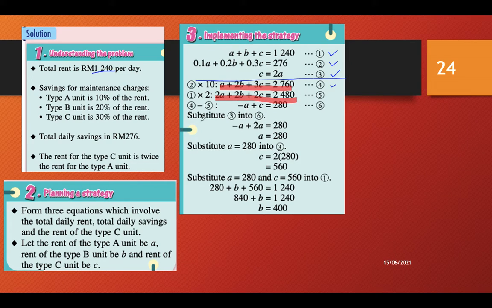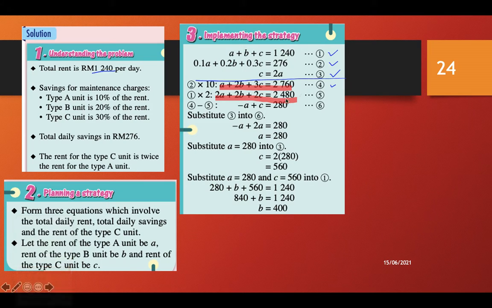So, maksudnya A tolak 2A dapat negatif A. 2B tolak 2B habis. 3C tolak 2C dapat C. Ini 2760 tolak 2480 dapat 280. Ini equation 6. Okay. So, now ini ada A dengan C.